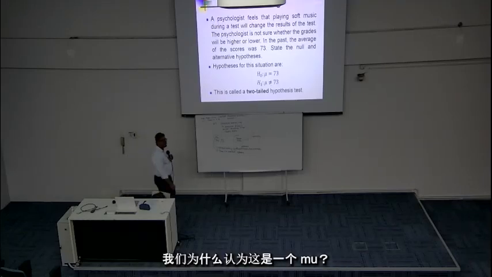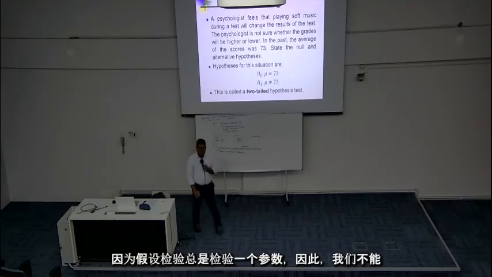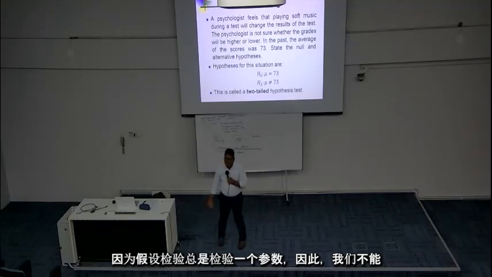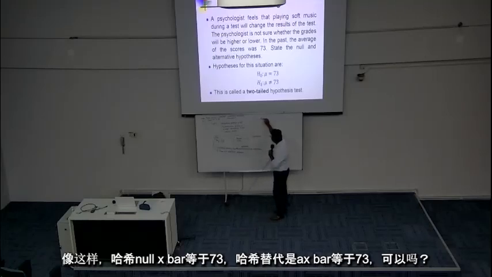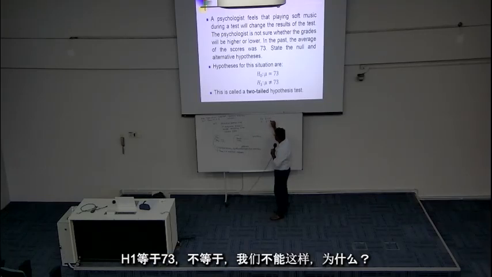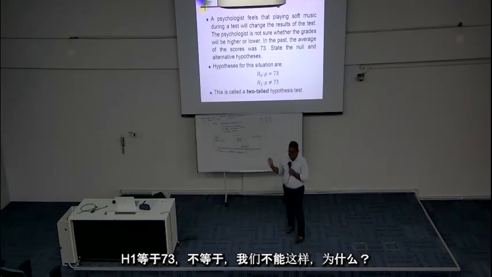Why do we use mu here? Because hypothesis testing is always about testing a parameter. Therefore we cannot write H null: X bar equals 73 and H alternative: X bar not equal to 73. Why?